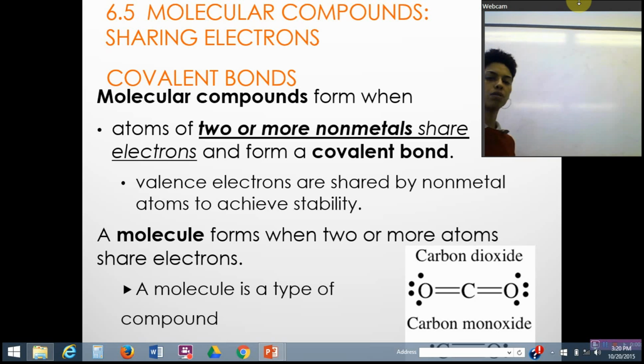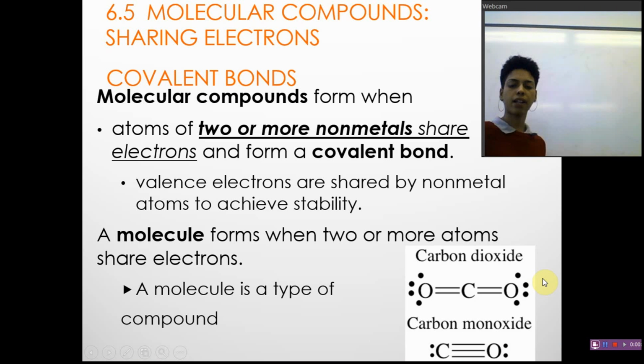Instead of donating or gaining electrons, they're going to share electrons to make a covalent bond. Those valence electrons are shared because everyone wants to have noble gas electron arrangement.